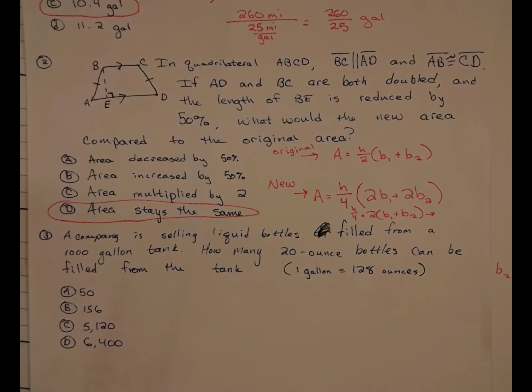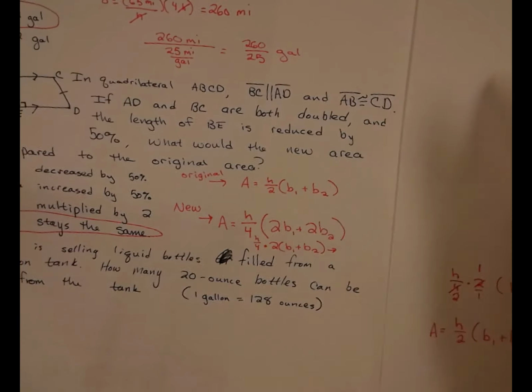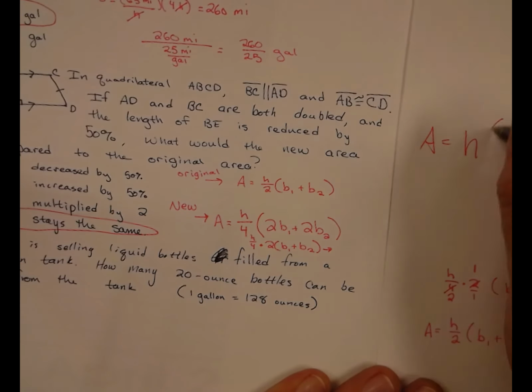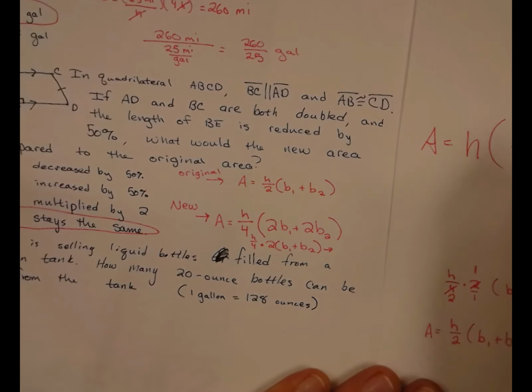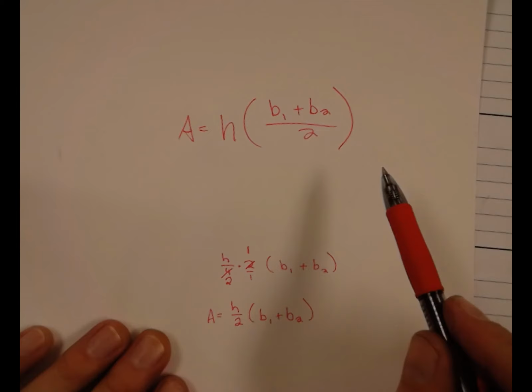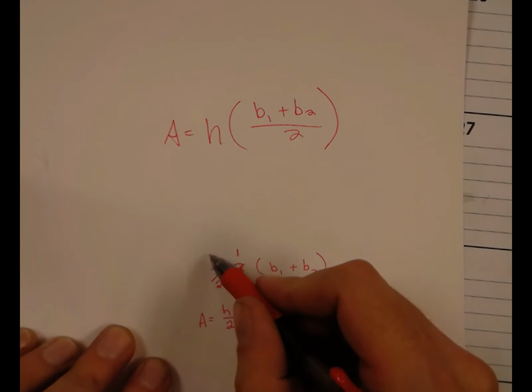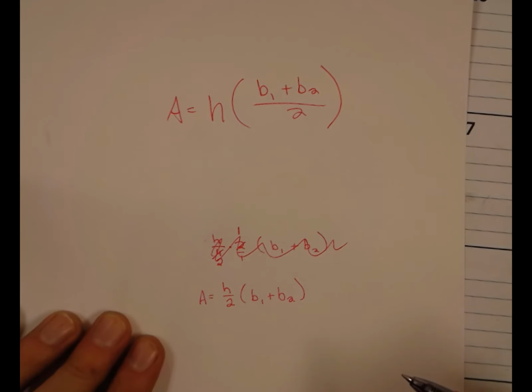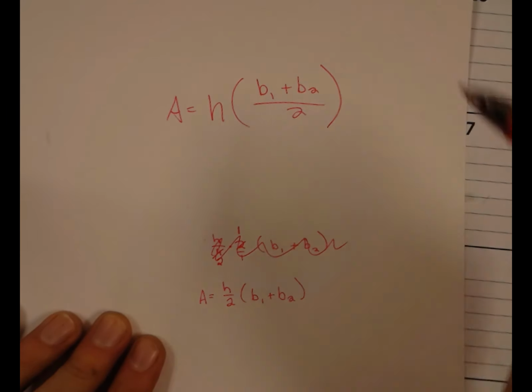There's an alternate version of the area of a trapezoid formula where it is h times b1 plus b2 over 2. This version of the formula doesn't look as convenient as this one looks, but they are the same thing. This tells more of the story.